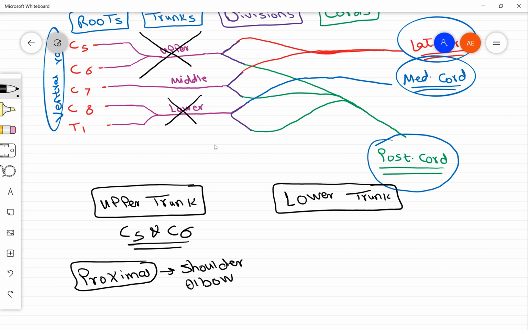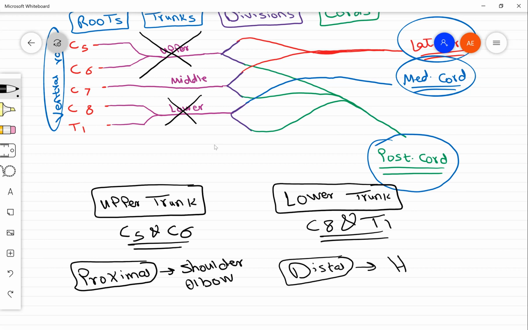Shoulder and elbow. Okay. The lower trunk, which is formed by C8 and T1, supplies the distal part of the upper limb, which is the hand.